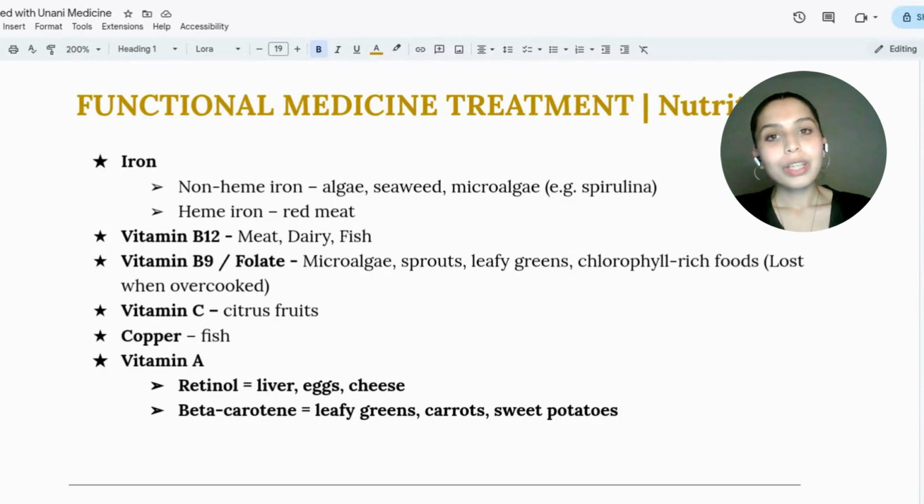And the difference between these two is that the non-heme iron tends to be a little bit harder for the body to absorb. So getting the iron from meat tends to work more quickly, especially organ meats like liver.